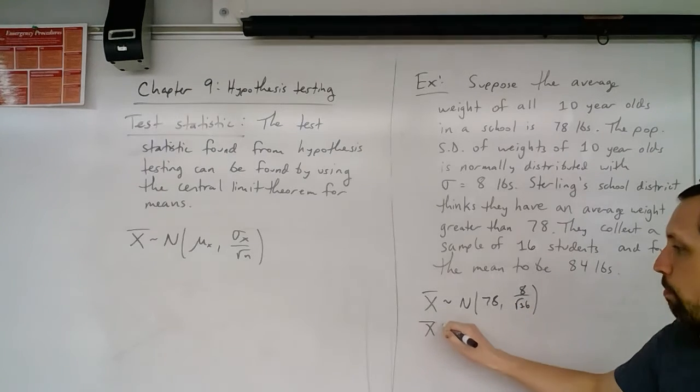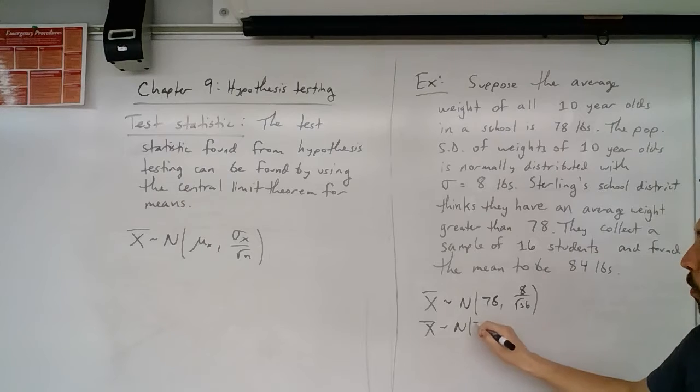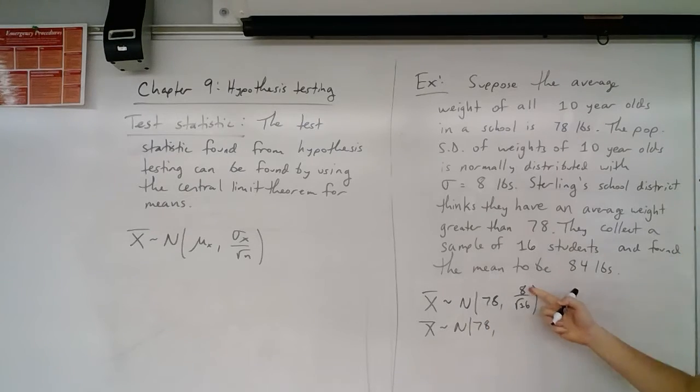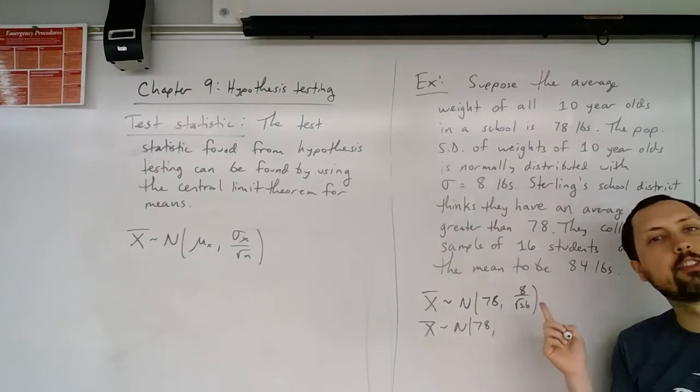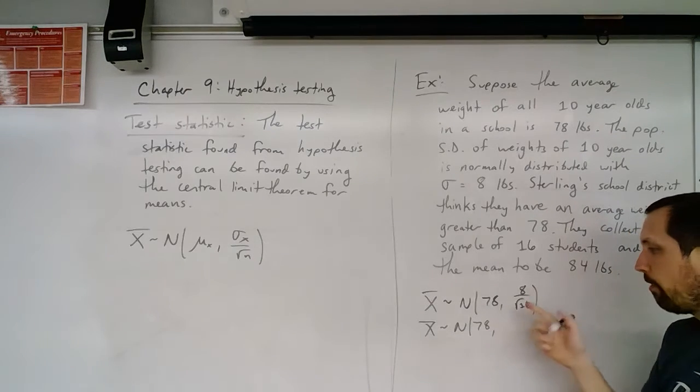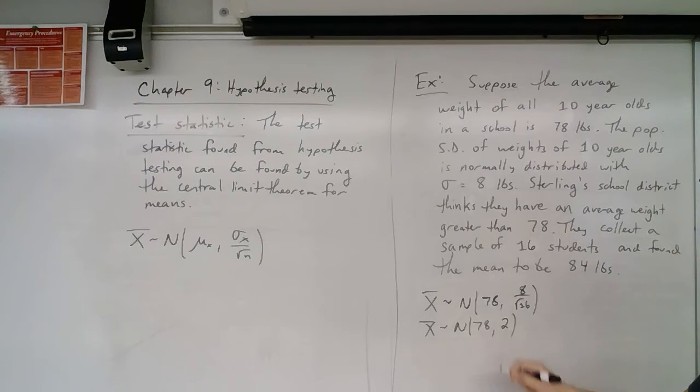So we're saying that x bar is approximately normal with mean 78, and then we take 8 divided by the square root of 16. So we take 8 divided by 4, and that gives us 2.